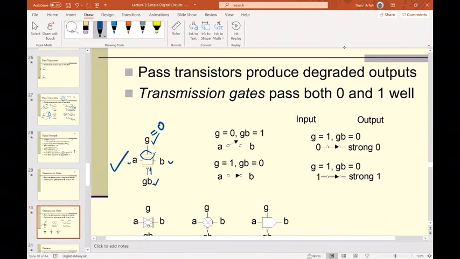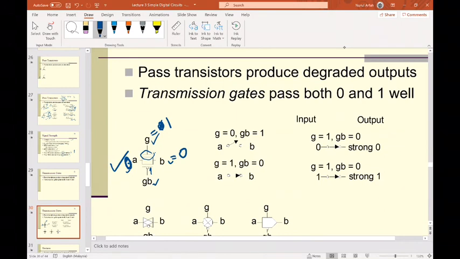In order to turn on the NMOS, you should pass a 1. So if you pass A here as a 0, then this one is 1, this one turns on, the switch is on, then B will take A. So since this is a 0, B will have a strong 0.